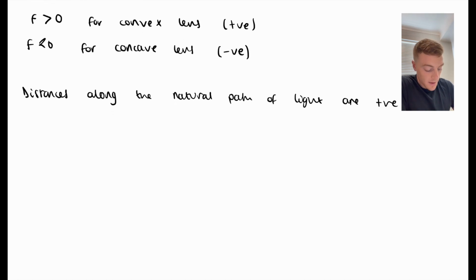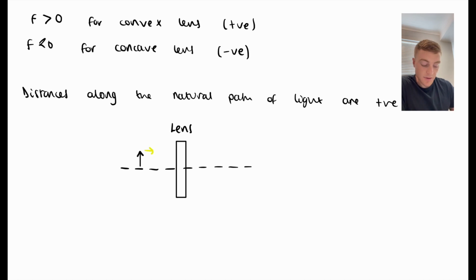Okay, so what I mean by that is if I draw in my lens, I'm going to draw my principal axis, and draw in my object like that. Now, if you imagine light from this object is coming from every single point, so we've got light from the tip, someone's head for example, light from someone's chest, light from someone's legs. So we've got light coming in from all directions.